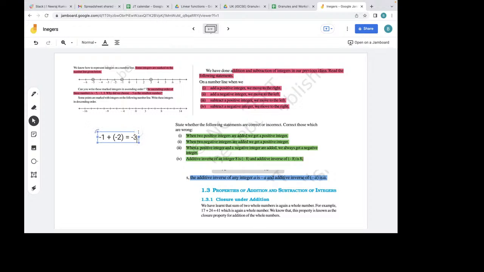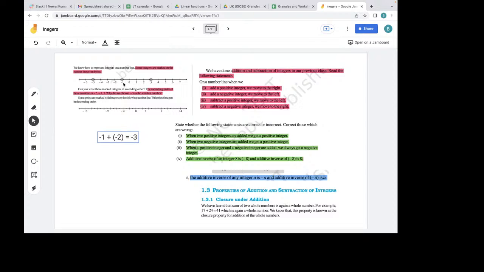We can also see, as we know, that on the left side of 0 there are all negative numbers. There's no way that you can find a positive integer on the left side of the 0. You are always going to find a negative number only.